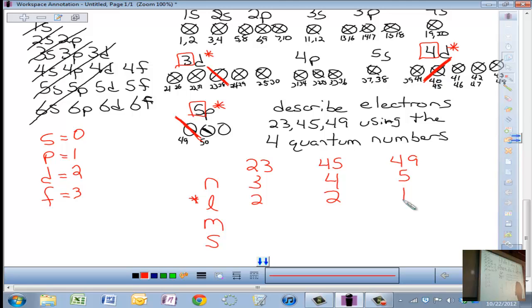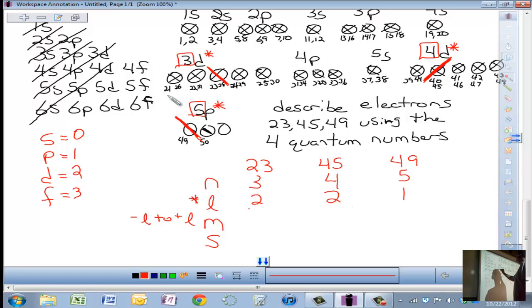Okay, now we're going to look at m. m is the orbital, and that's what we started talking about today. And again, if you remember, it is negative l to positive l. And l was this number right here, the 2, and the 1.